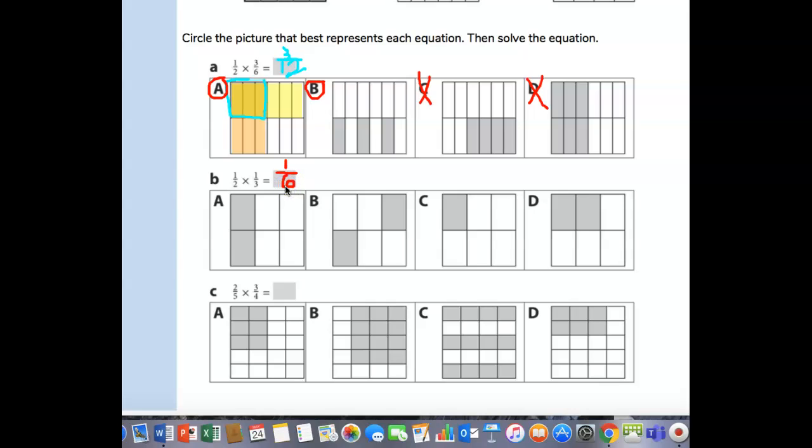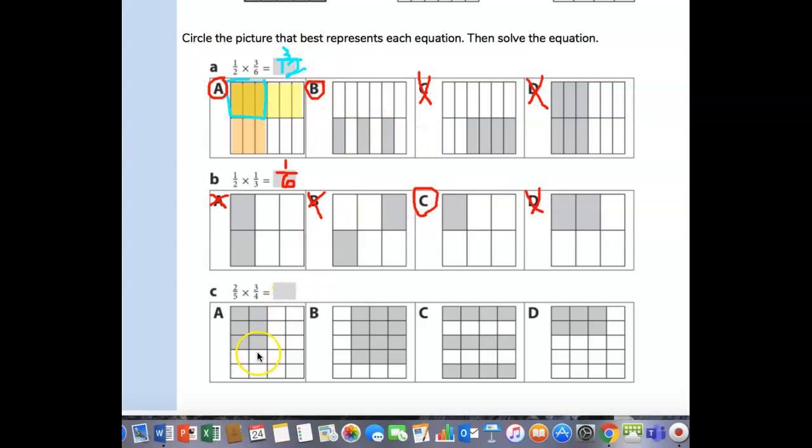So we need to find the one that has 1 of 6 shaded. They're all divided into 6, so that helps. So this is 2/6, so that one's not going to work. This is 1 of the 6 shaded, so that one works. And this is 2 of the 6 shaded, or 2/6, so that doesn't work.